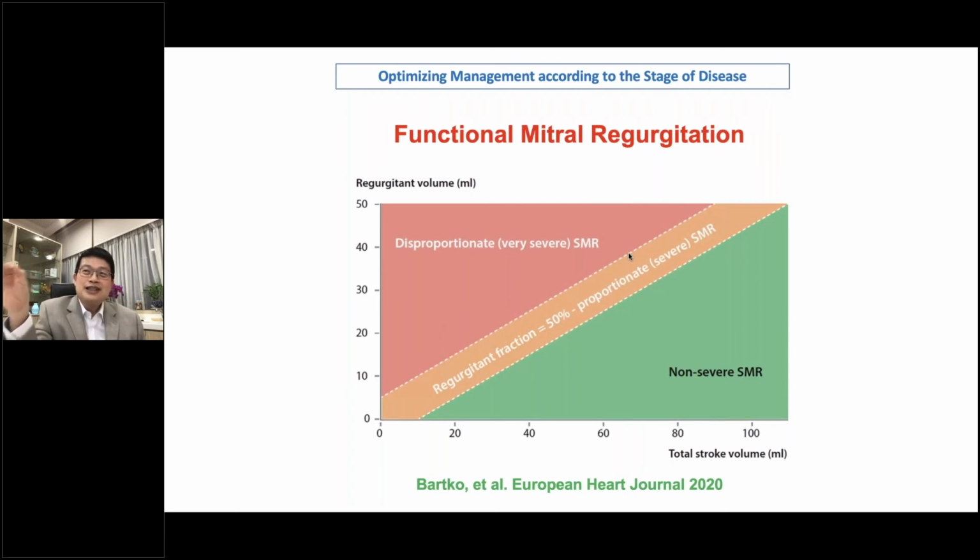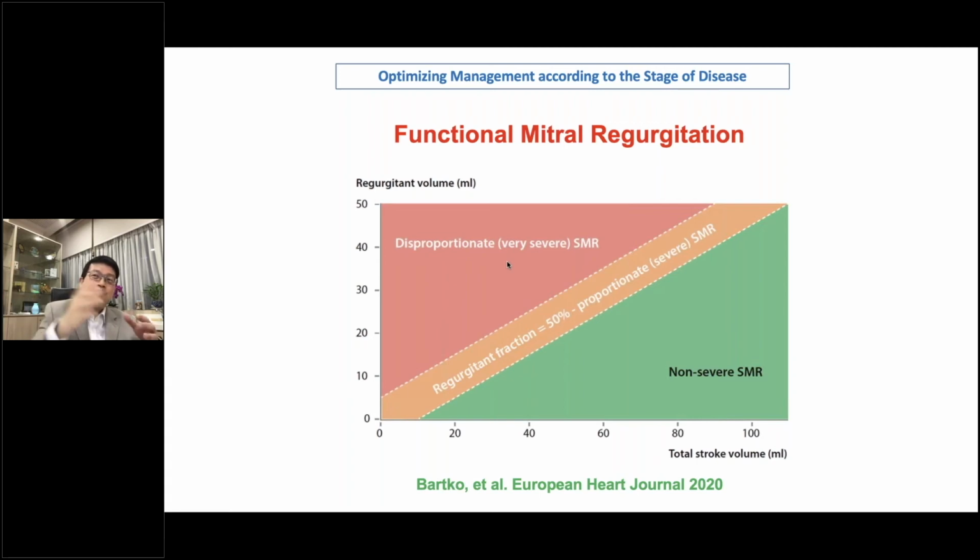And there are really various categories of these patients which we need to consider, and we have to individualize the treatment to each patient. And we will go into this in a bit more detail during the presentation. But one of the things which appear to be important is to look at the severity of the mitral regurgitation and how proportionate it is to the dilatation of the ventricle.